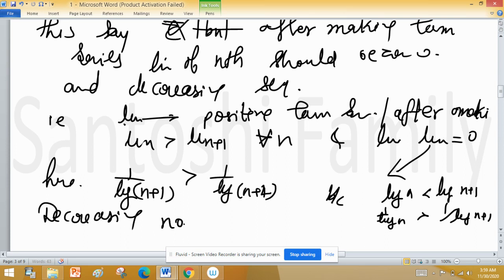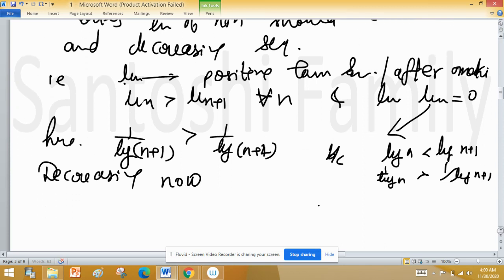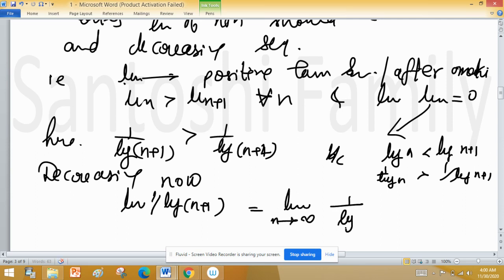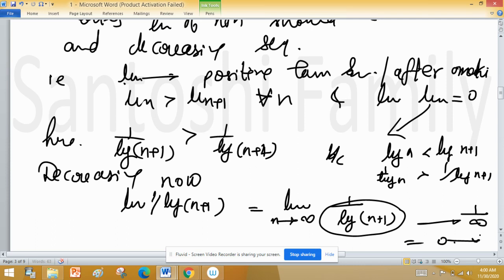Now check whether the limit is 0 or not. Limit of 1 upon log n plus 1 as n tends to infinity: the denominator goes to infinity, and 1 upon infinity equals 0, or tends to 0.